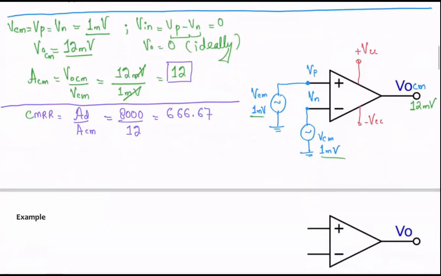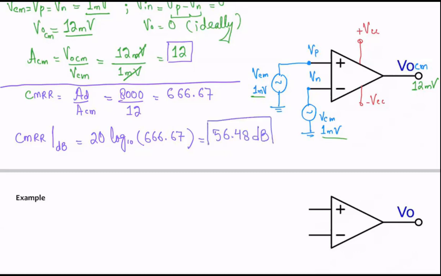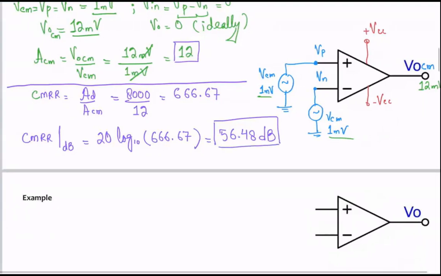We would like to convert this into decibels because that's how they are rated. So in decibels, taking 20 log base 10 of 666.67 equals 56.48 decibels.